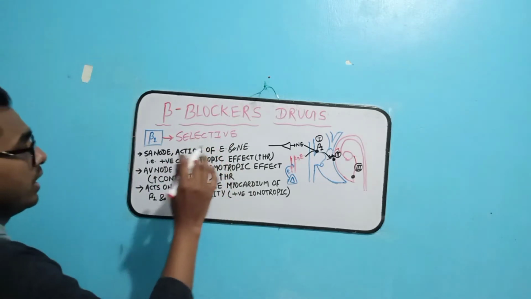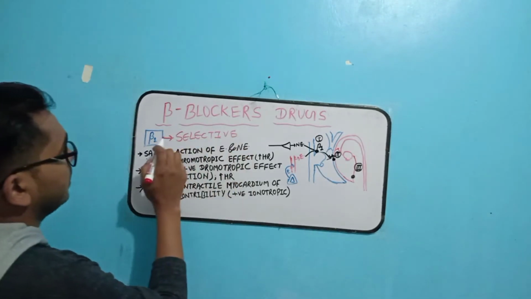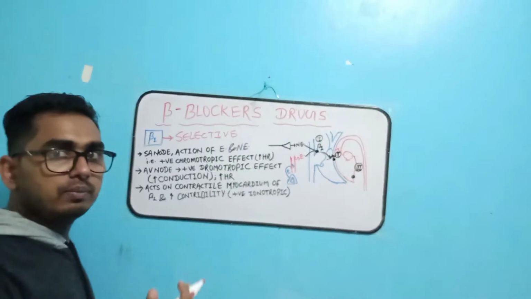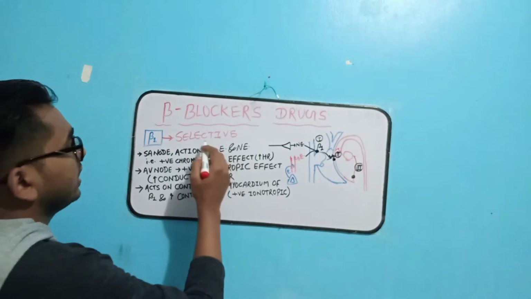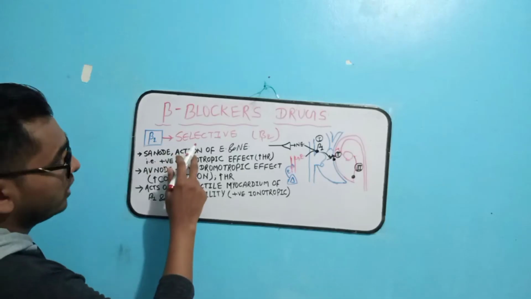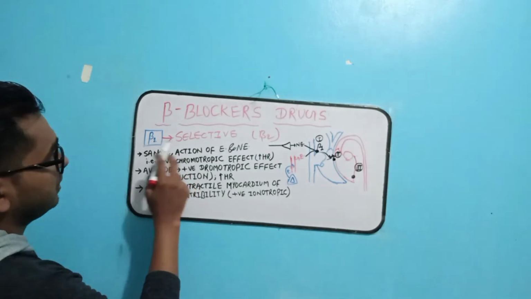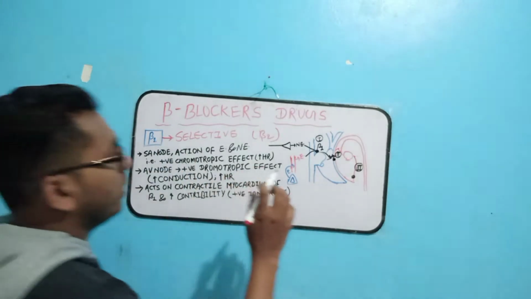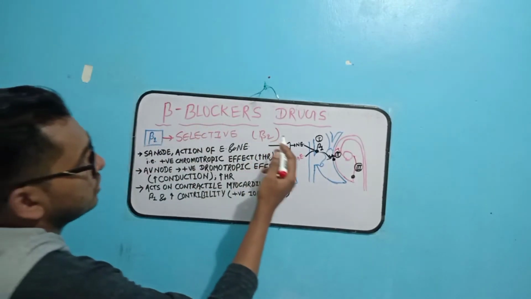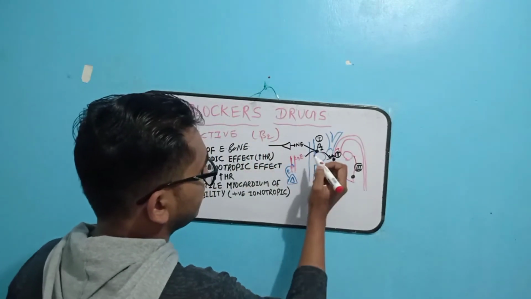In this case, in a low dose it only acts on the beta 1 receptor. If we give a high dose to the patient, that leads to a block of the beta 2 receptor also. So in a low dose it only blocks the beta 1 receptor.